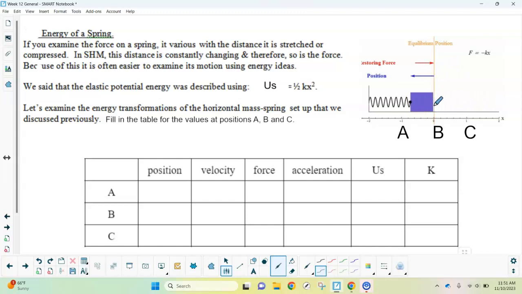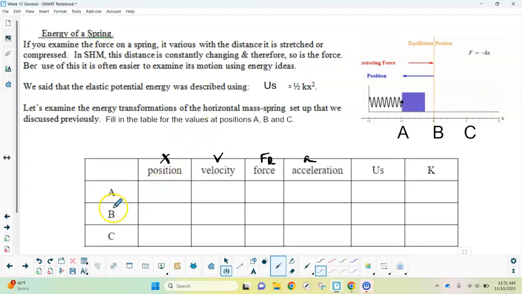So let's look at these different factors: position, which is the location, or x; the velocity, how fast it's moving; the force, which is the restoring force, the force acting on it; the acceleration it's experiencing; and then the potential energy of the spring and the kinetic energy of the mass. So we're looking at the energy of the mass and the spring together.